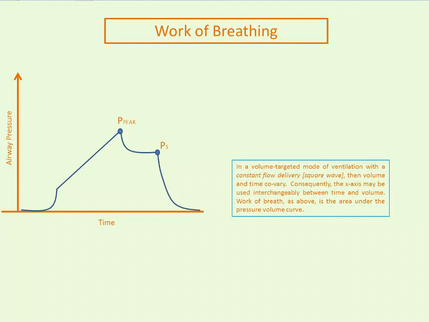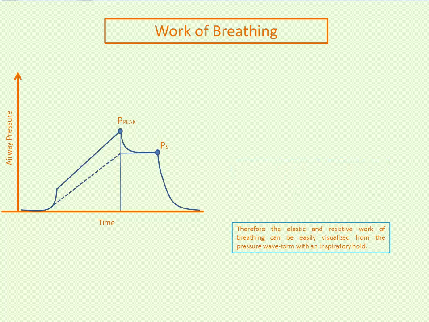Again, it's got to be the square wave. In that situation, pressure and volume co-vary at a constant flow. And remember, as we saw in part C of this talk, that it is the area under the pressure-volume curve, or the integral of that curve, that defines work. So when this becomes pressure-volume, the areas of this curve are graphical representations of work.